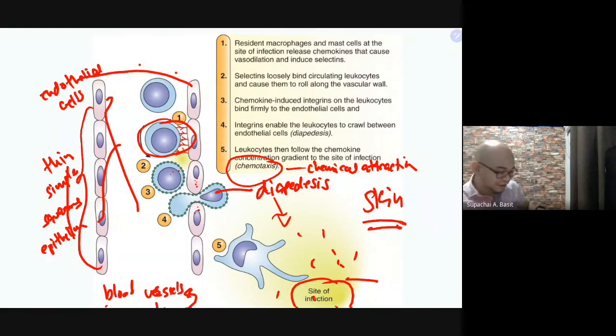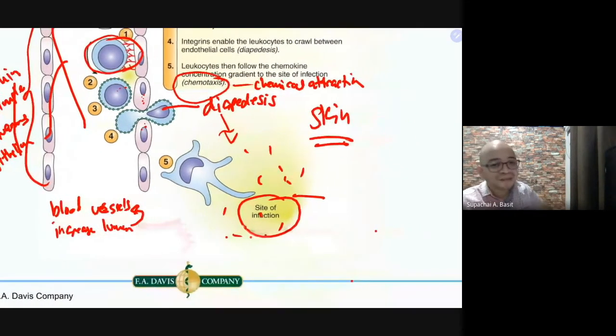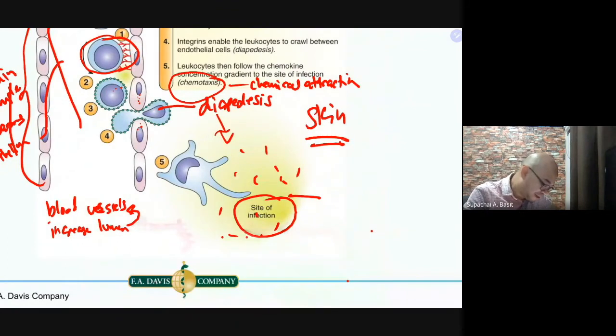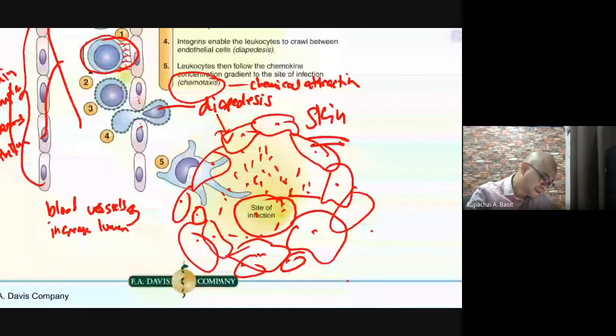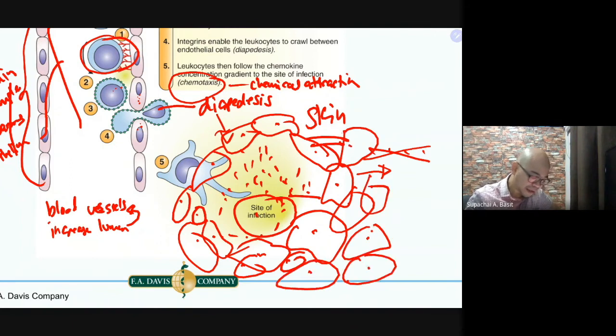So if this is the site of the infection, if there are many bacteria here, the phagocytic cells will try to surround them, so that the bacteria will not spread out of the body. This will not happen because there are now many pus cells at the site of the infection.